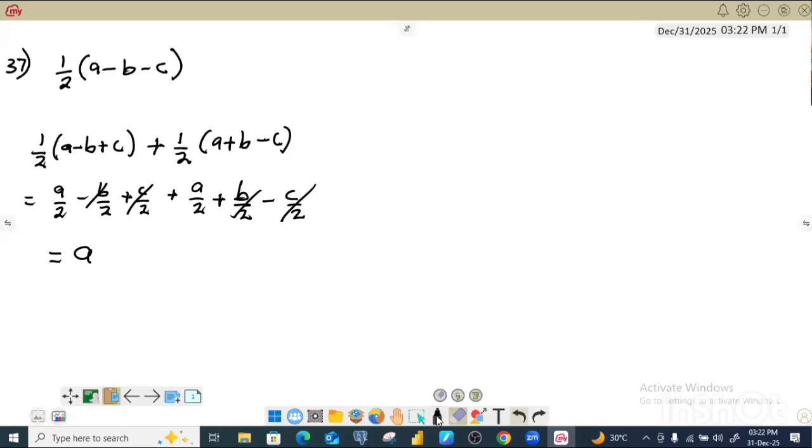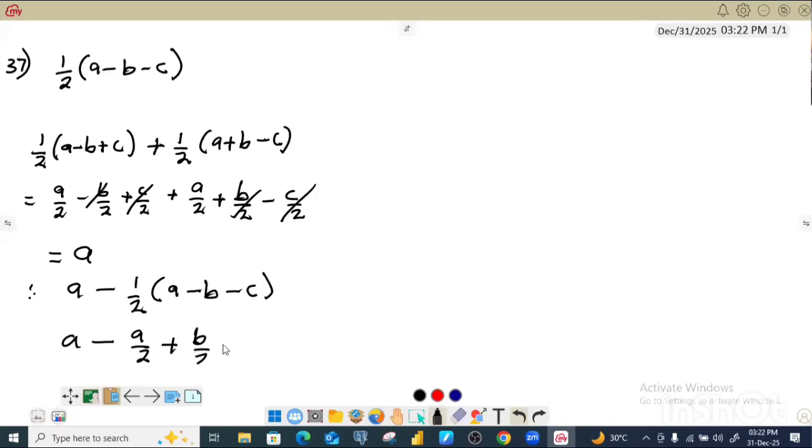Therefore, we are going to have A minus half into A minus B minus C, and this will give us A minus A over 2 plus B over 2 plus C over 2.